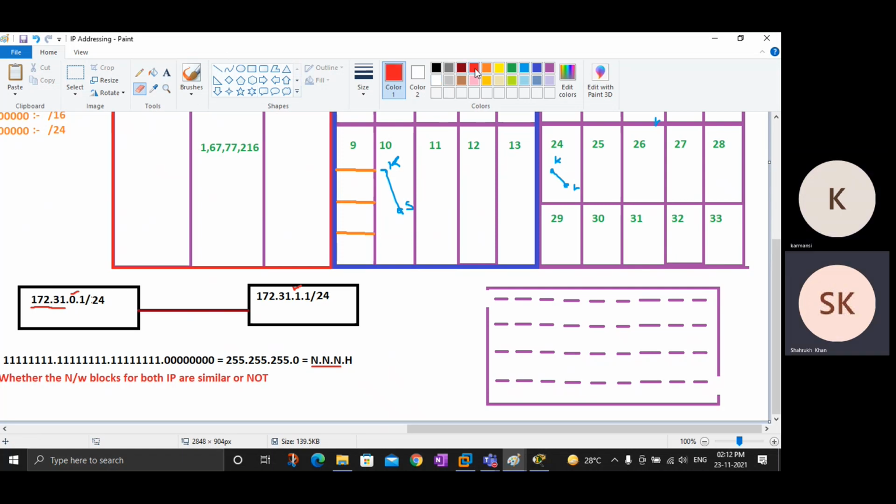Nobody can use the first and the last one. So the remaining 254 chairs can be used. They can sit there, they can communicate with each other, they can do anything.